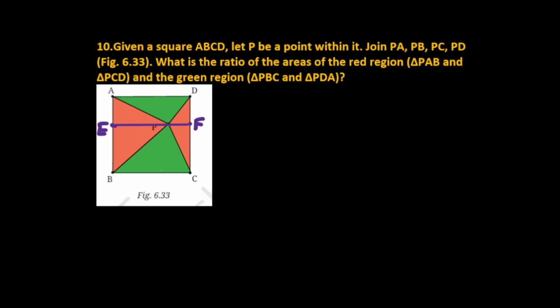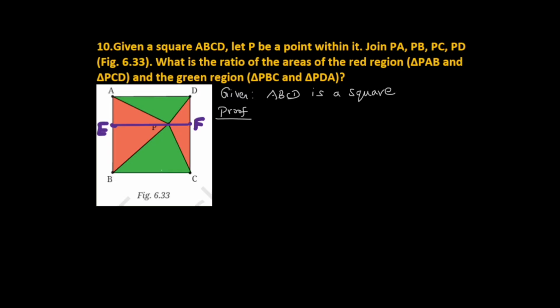So given here, ABCD is a square. We need to find the ratio of the green region and the red region.